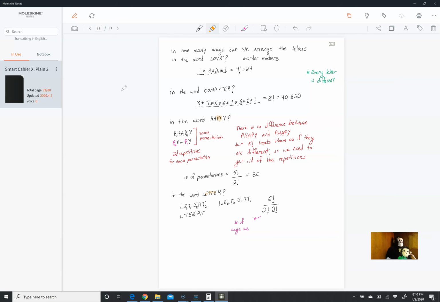This is the number of ways we can rearrange the 2 E's and this is the number of ways we can rearrange the 2 T's.